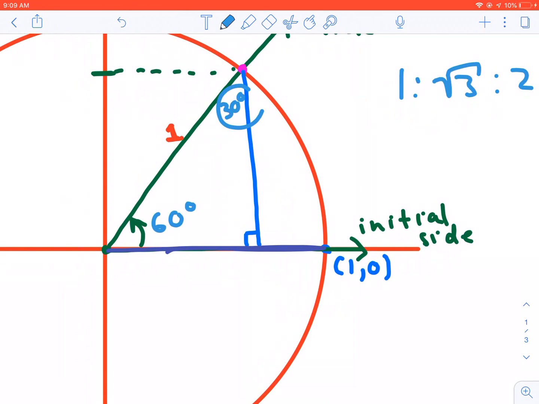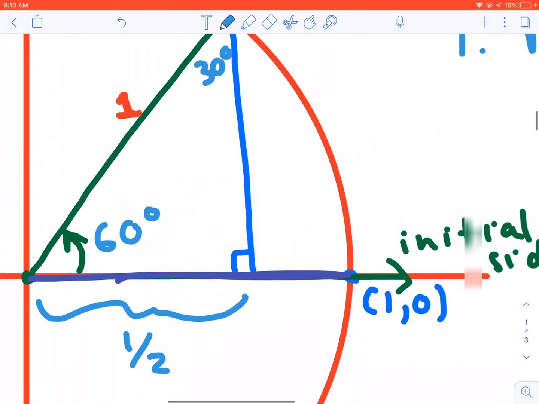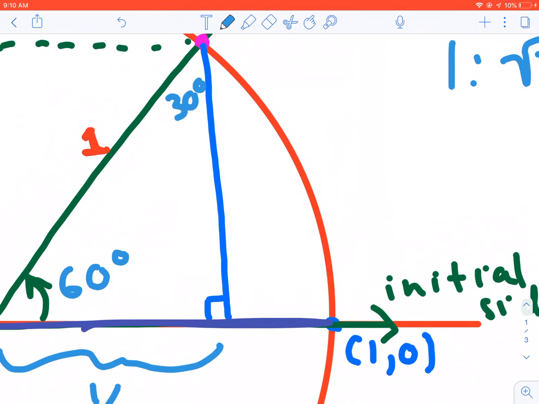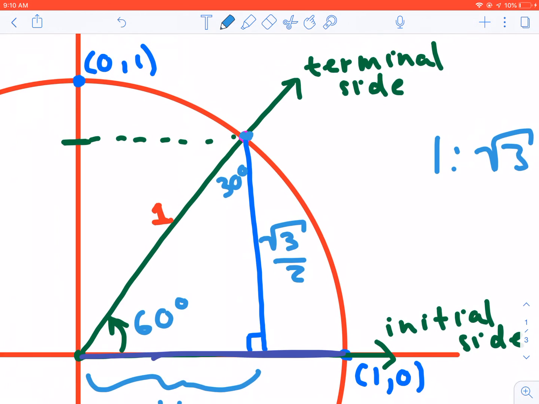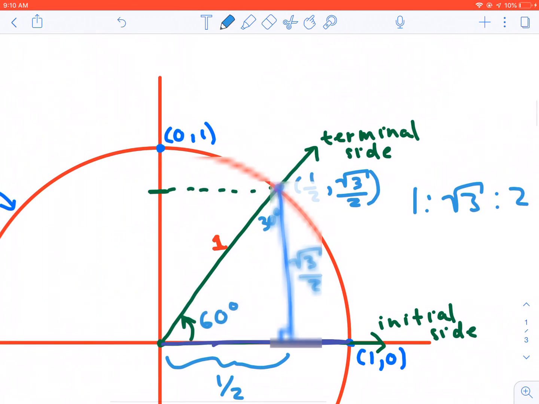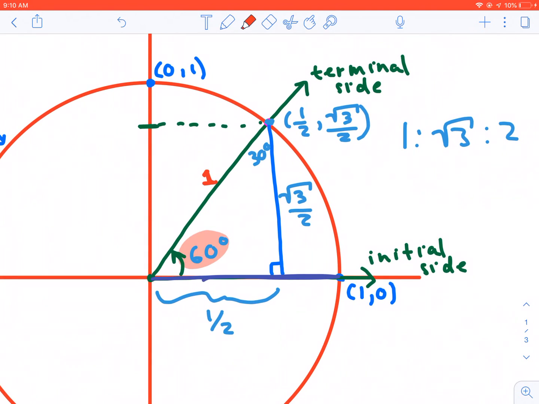So we know opposite the 30 degree side, it's going to be half the hypotenuse. This would be a length of a half. And the longer leg is going to be radical 3 times the shorter leg, so this would be radical 3 over 2. So this coordinate here would be 1/2, comma, radical 3 over 2. And we could do the same thing for a 45 degree angle and a 30 degree angle for theta, for this angle here.